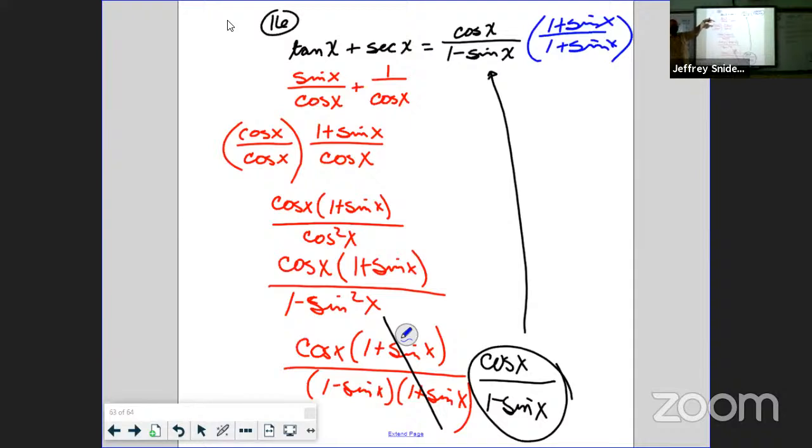I just skipped it because I knew that it would turn into cosine x over 1 minus sine x. Okay, so it's just like when you did 2-column proofs in geometry. You got to show everything. I mean, you can say I know that vertical angles are equal, but you got to write it down anyways. All right. So that means a person that doesn't understand how to do it can follow through and say, okay, now I know everything you just did and why it works. That's the reason.